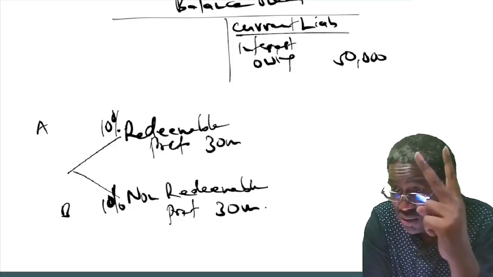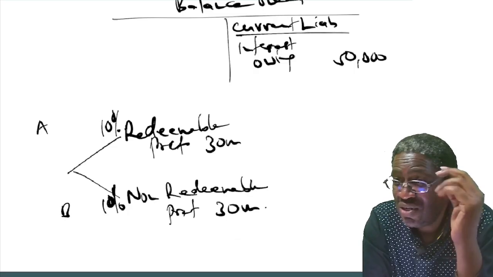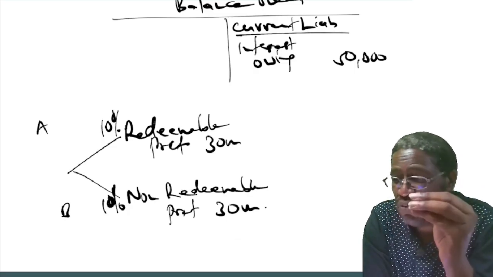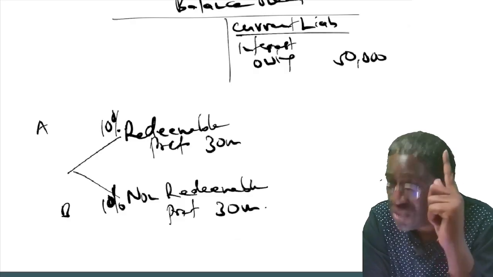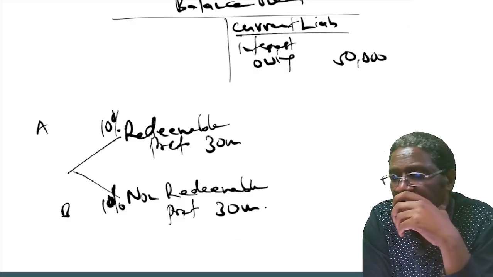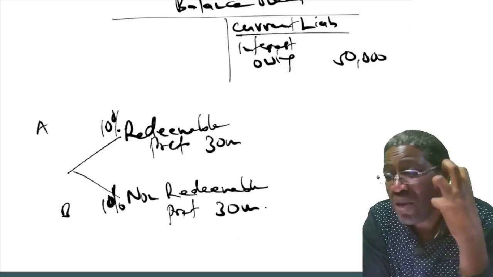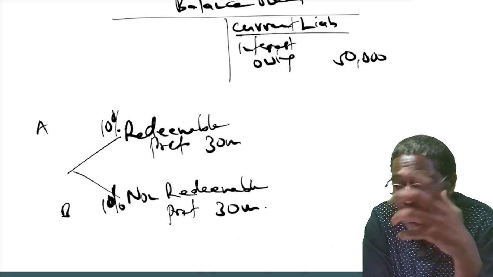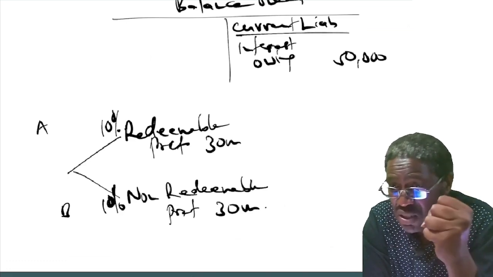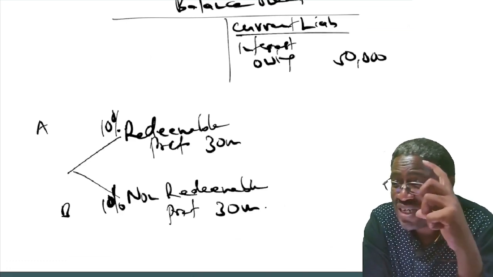In other words, will you put these two types of preference share in the same place in the balance sheet? Do they normally appear in the same place?